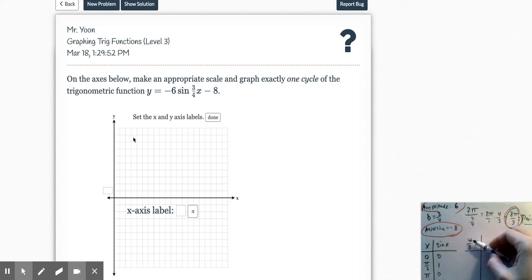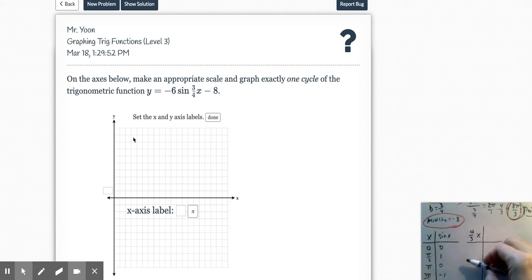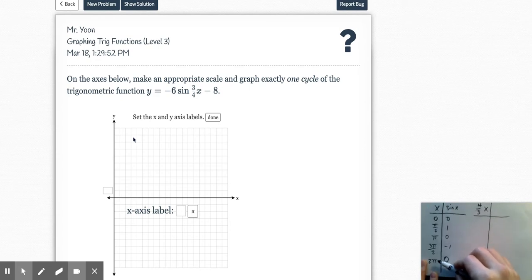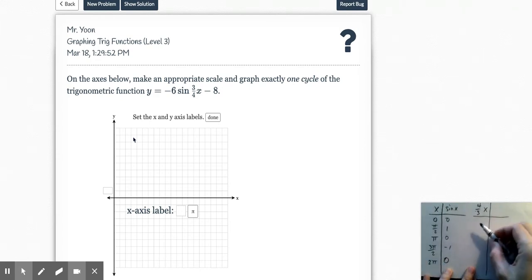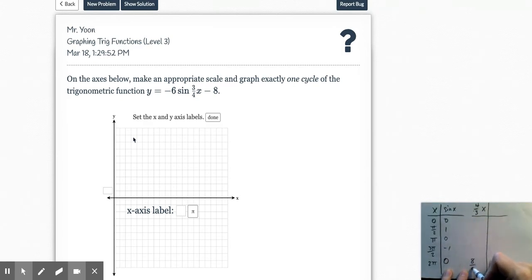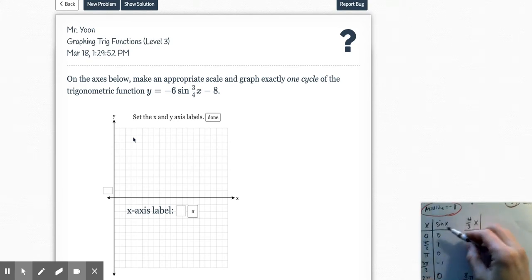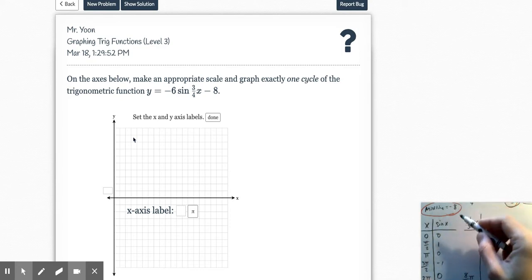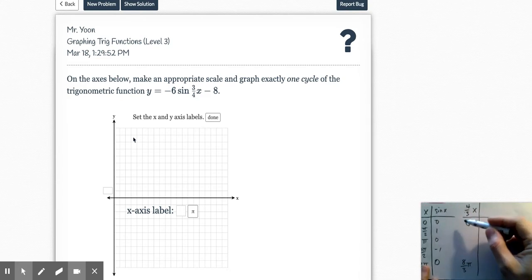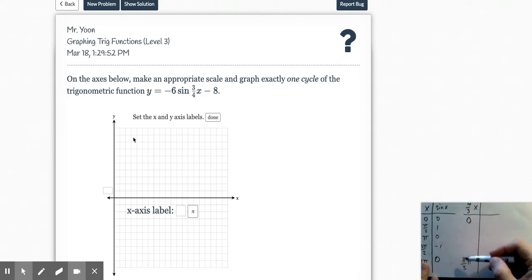And 4/3 x, when we apply it to the very last stop on the table, 2 pi times 4/3 is 8/3 pi, which is a full period. That's where we want to end up. When it's at 0, there's no phase shift, so 0 times 4/3 is 0. So the full period will go from 0 to 8/3 pi, and then you're stopping off a quarter of the way in between.